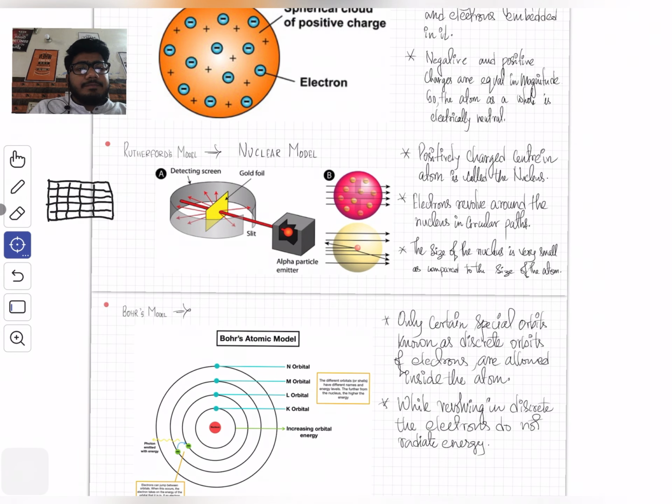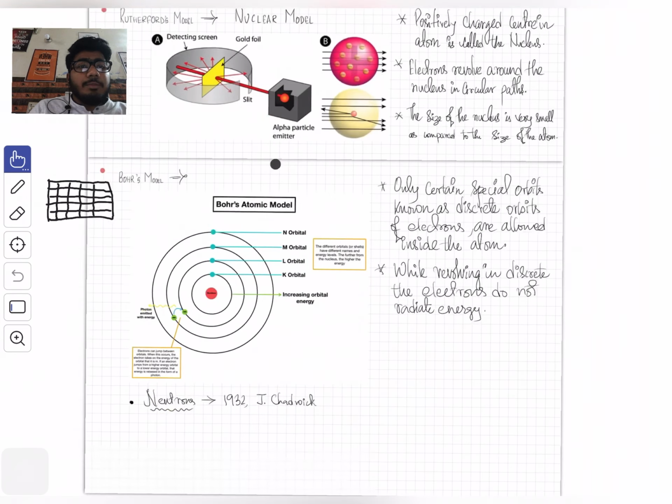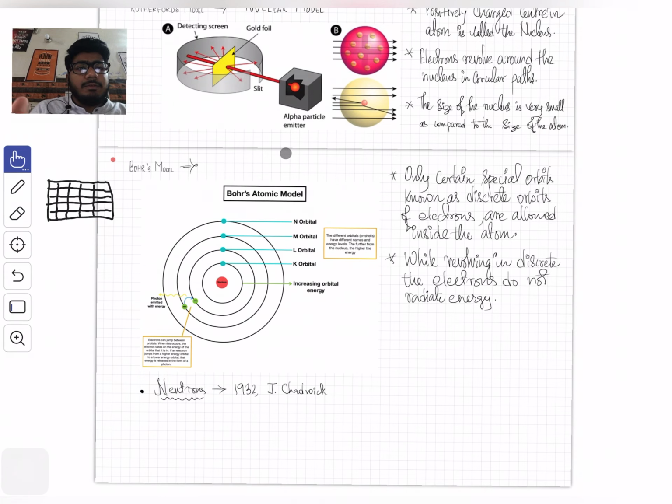Then we go to the Bohr's model of atomic structure. So Bohr considered that there are certain special orbits known as discrete orbits where electrons are present, and it is allowed inside the atom.